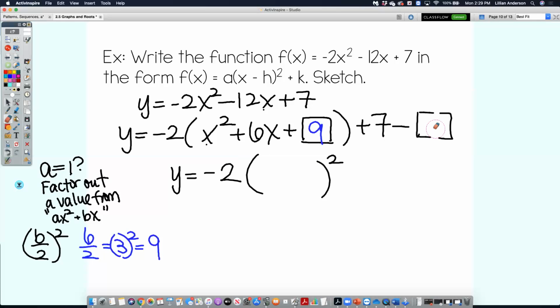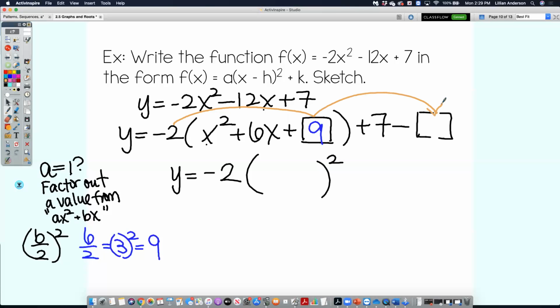Unfortunately, this is another thing that's a little bit different from when there is an a value. You take half of b, you square it, and you get your value. That value goes in this first box. But the value that goes in that last box, the value that you subtract, is the product between your a value and the value in the box.